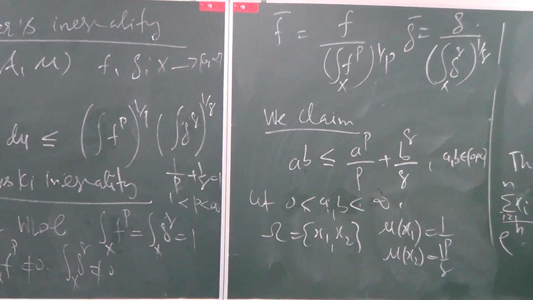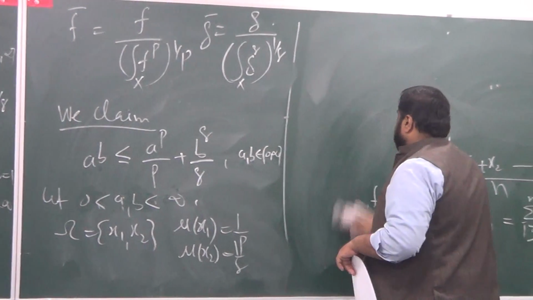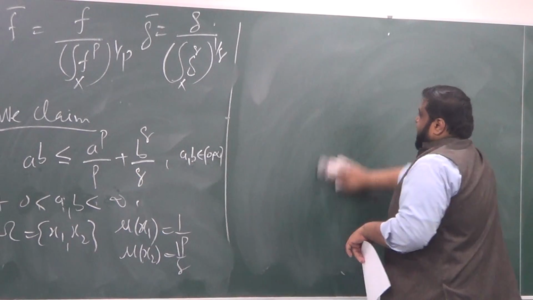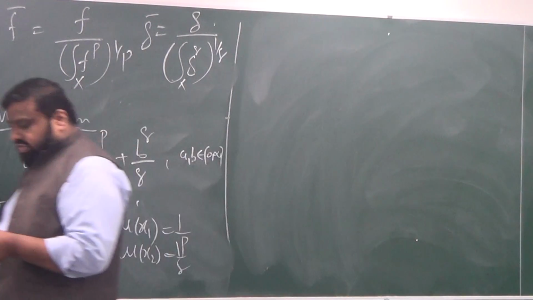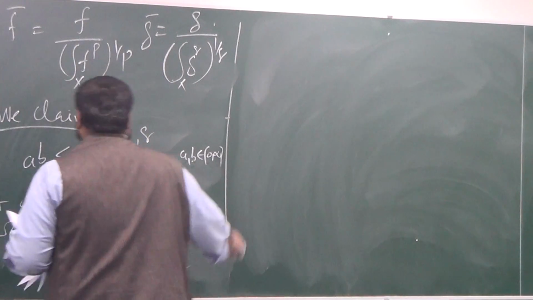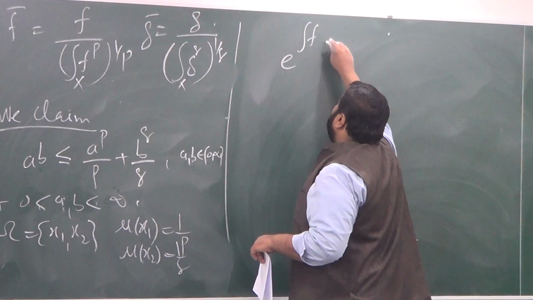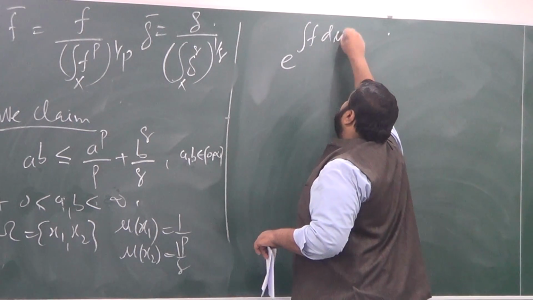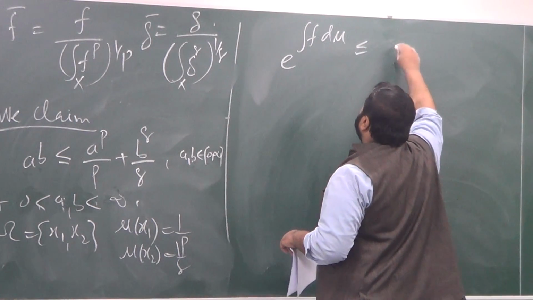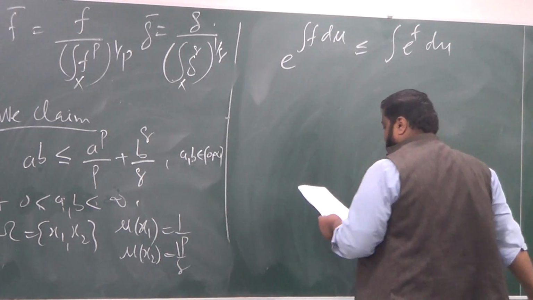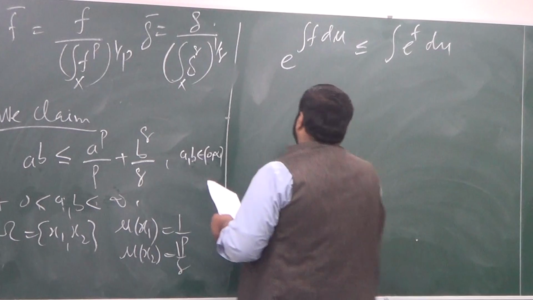Then I can use Jensen's inequality. So Jensen's inequality is going to give me what? For the exponential function, the exponential of the integral of f d mu is less than or equal to the integral of e to the f d mu.